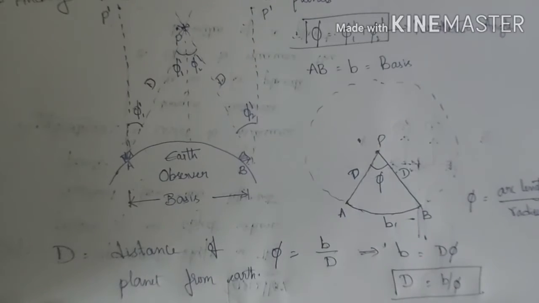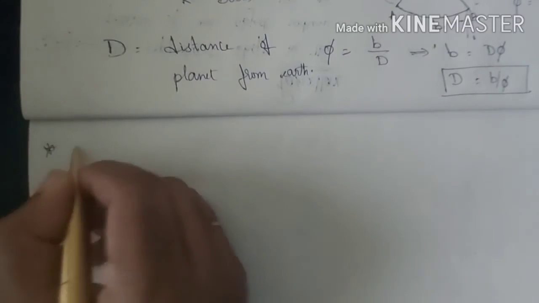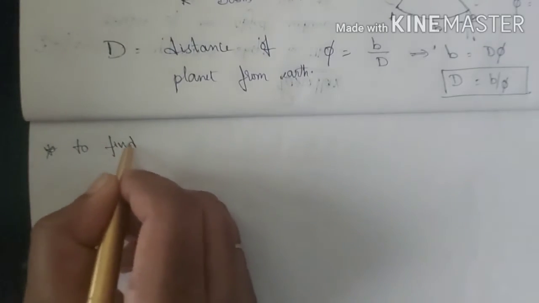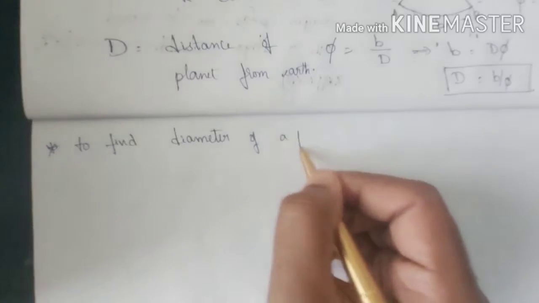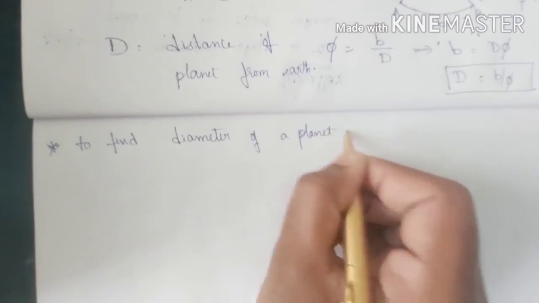Now we'll see the second application: to find the diameter of a planet. How will you find the diameter of a planet?